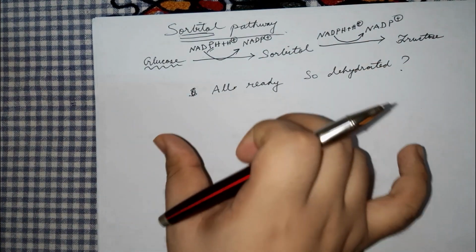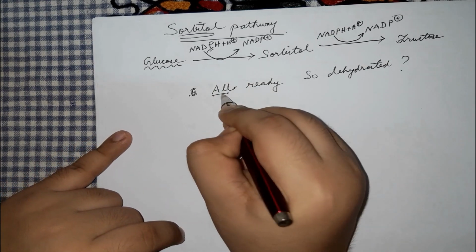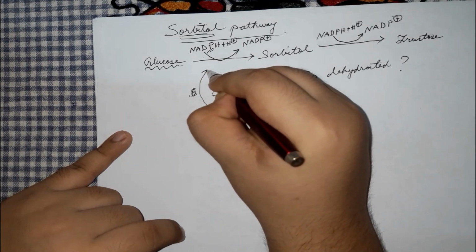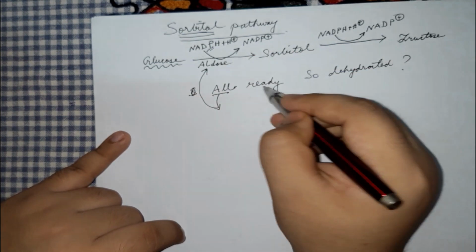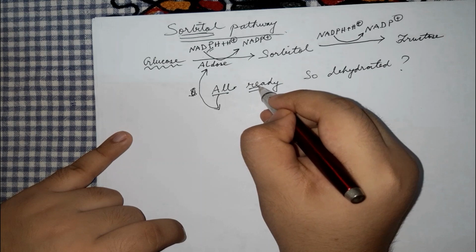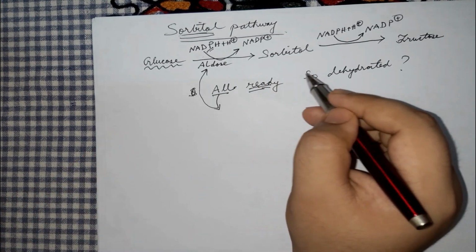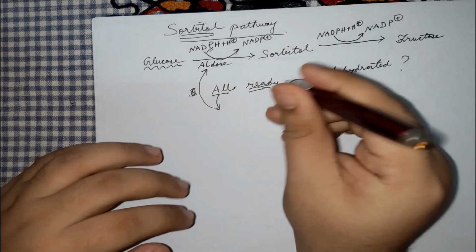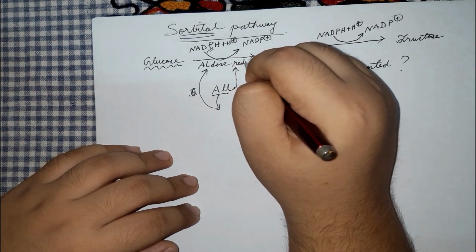No, these are not the literal names. These represent the mnemonic. So, "all" is aldose, and "ready" you may also think of as red, not R-E-A-D as the spelling suggests, but as the pronunciation suggests, red. So red would be reductase.